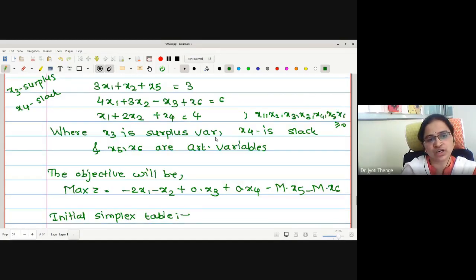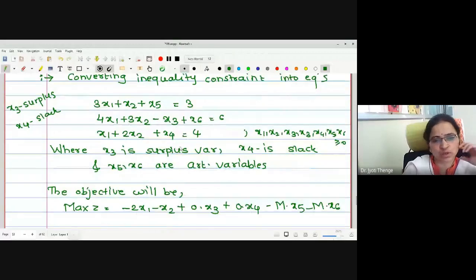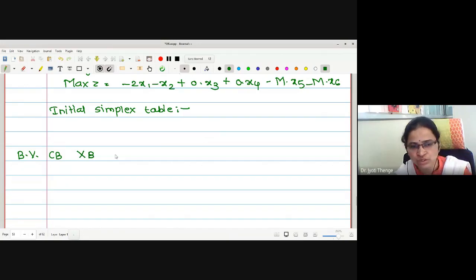If you want, you can check by preparing a coefficient matrix also. If I prepare a coefficient matrix, what are the basic variables? I hope everyone is doing the calculations with me, for problems at least.